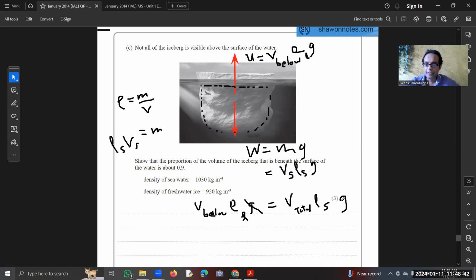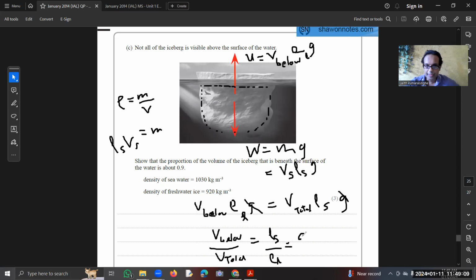You can say g will cancel off. So I need the ratio, we'll take it as V below divided by V total, which will be equal to rho solid divided by rho liquid.